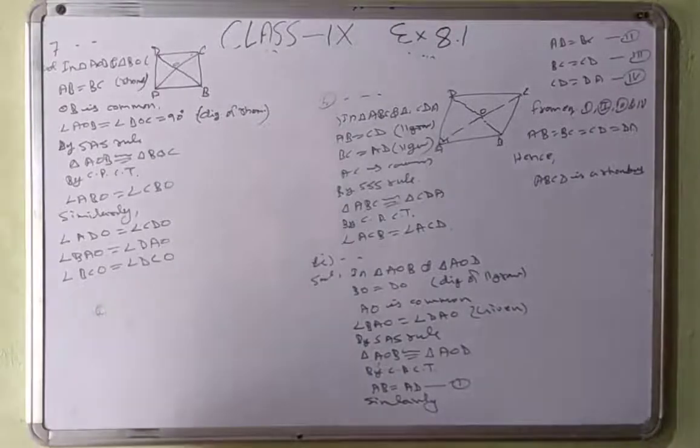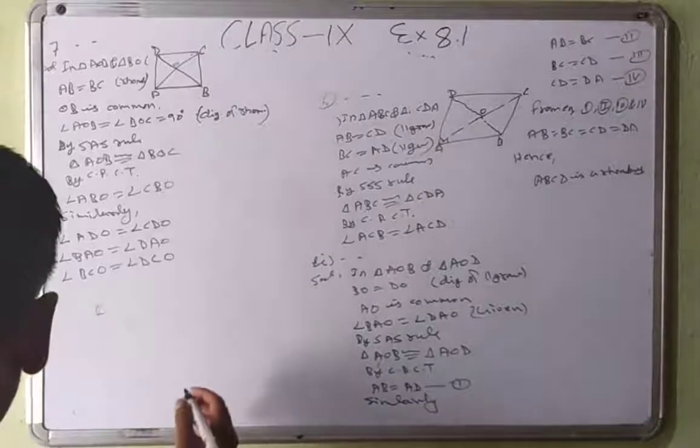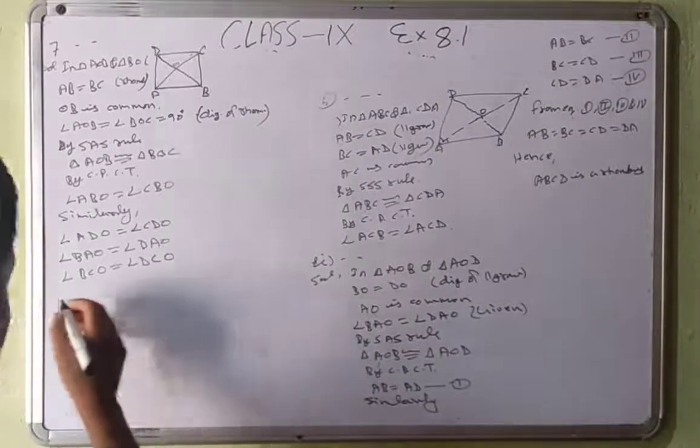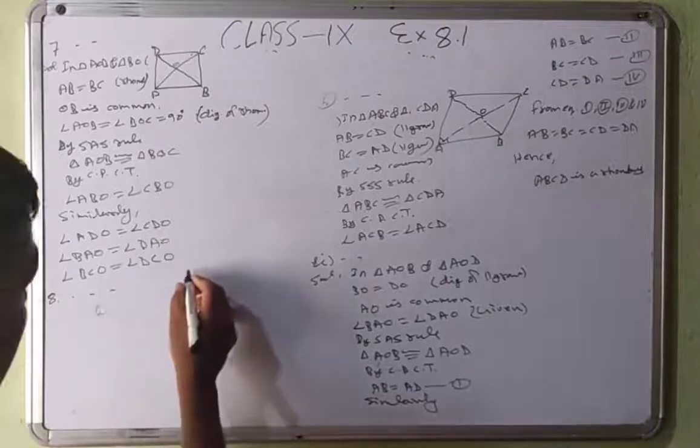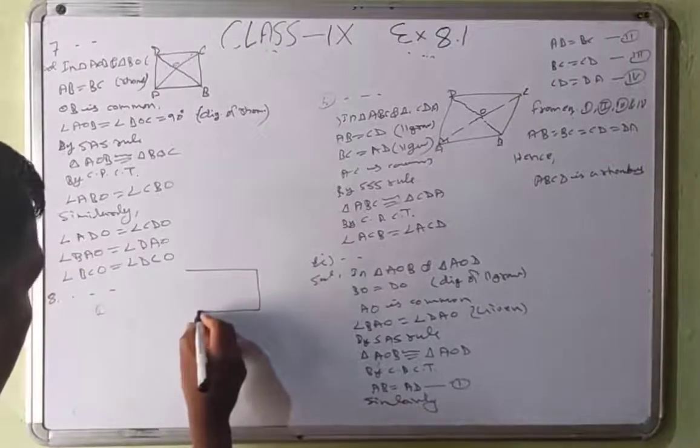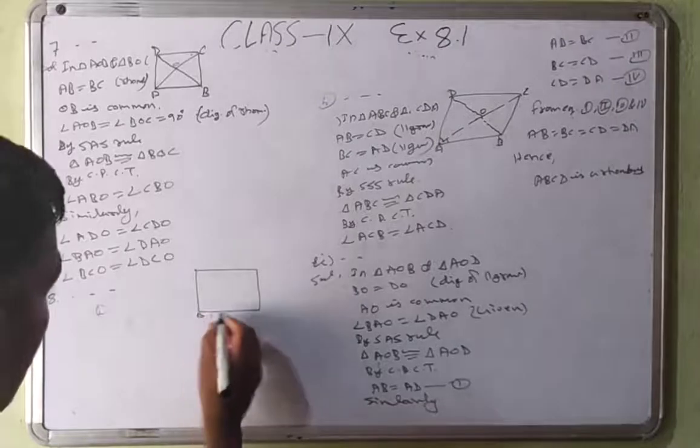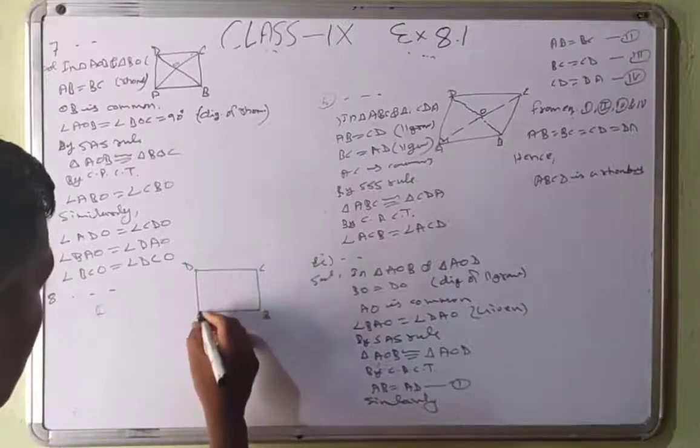Question number 8. ABCD is a rectangle in which diagonal AC bisects angle A as well as angle C, prove that ABCD is a square. Diagonal BD bisects angle B as well as angle D. So first of all we will draw the rectangle ABCD.